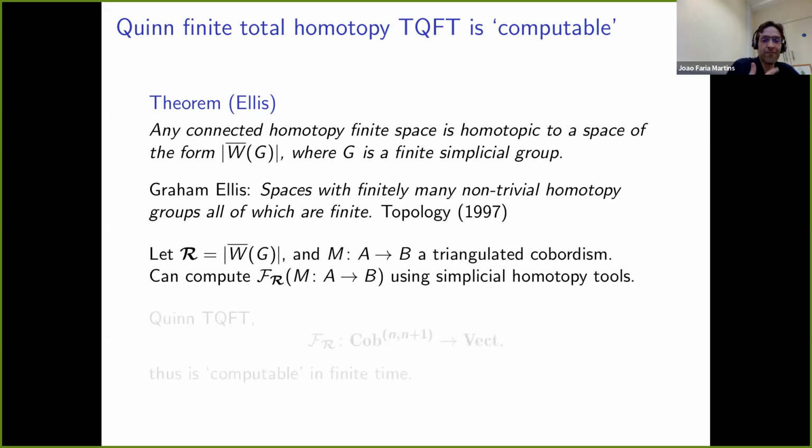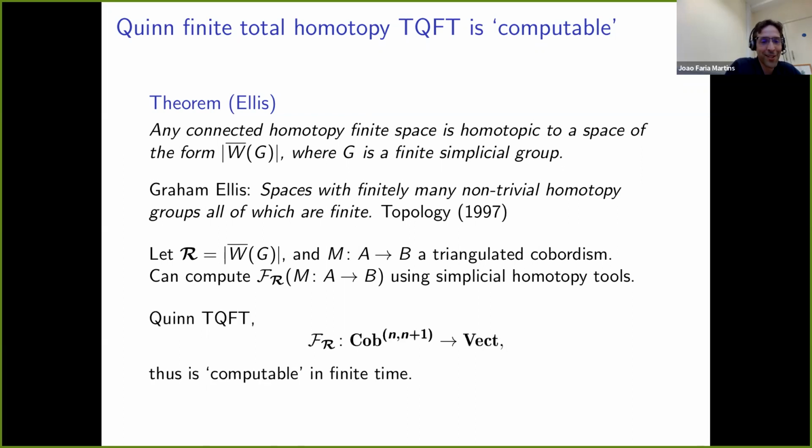And for this reason, instead of computing Quinn finite total homotopy TQFT from the point of view of topological spaces, you can pass to any combinatorial model for homotopy theory, for example simplicial sets, and explicitly compute Quinn finite total homotopy TQFT, at least in principle.